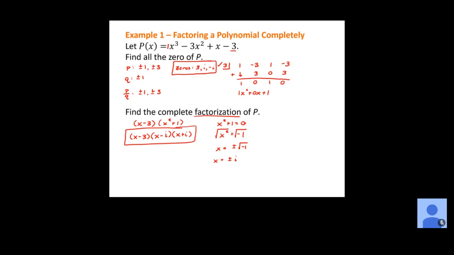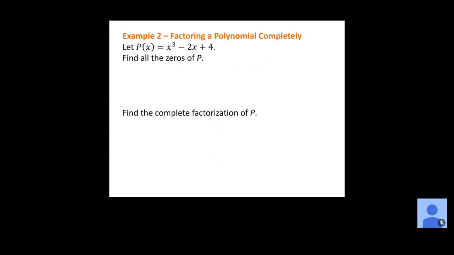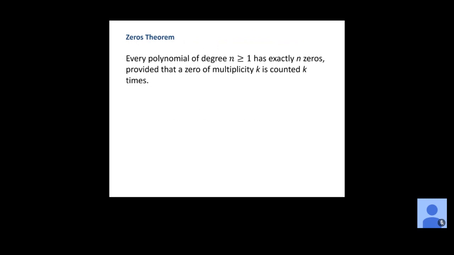Any other questions there? All right, I'm going to skip example 2 here because we got another one just like it later. So zeros. Every polynomial of degree n greater than or equal to 1 has exactly n zeros.